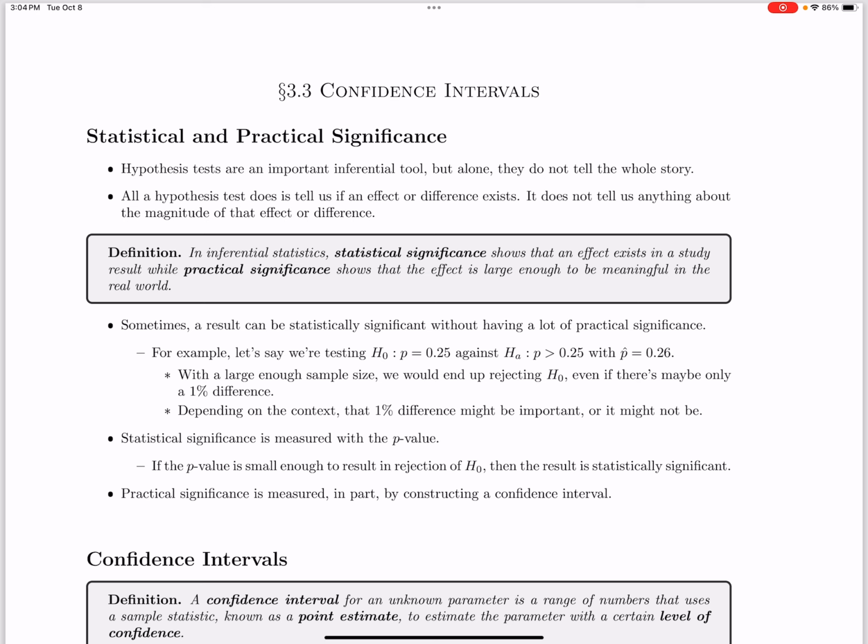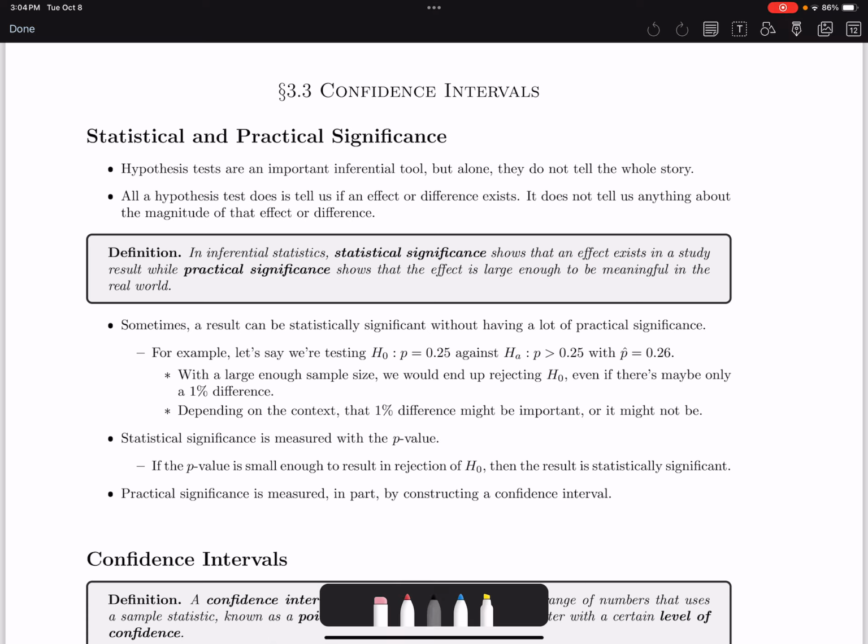So in inferential statistics, statistical significance shows that an effect exists in a study, while practical significance shows that the effect is large enough to be meaningful in the real world. Statistical significance is easy. Well, not easy, but it's clear when something is statistically significant, because all that means is that we have a small p-value, right?